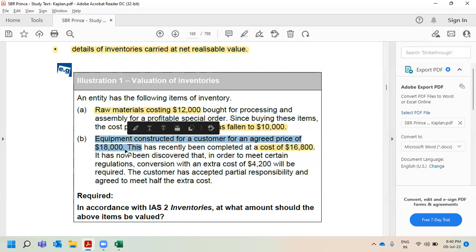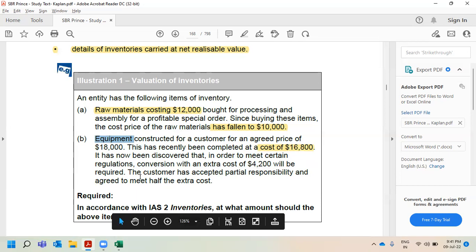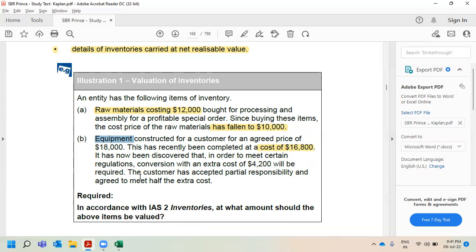The sales price is 18,000, and we have manufactured that equipment at a cost of 16,800. It has now been discovered that to meet certain regulation, conversion with an extra cost of 4,200 will be required. So we have manufactured one equipment, but later the regulation has been changed.